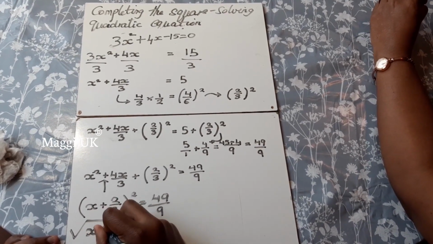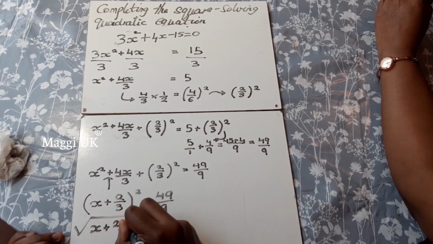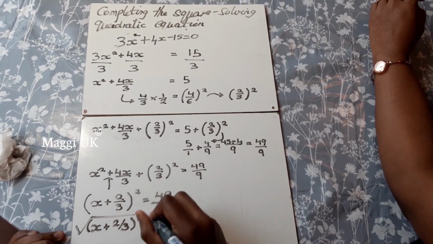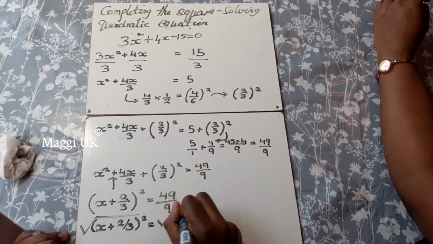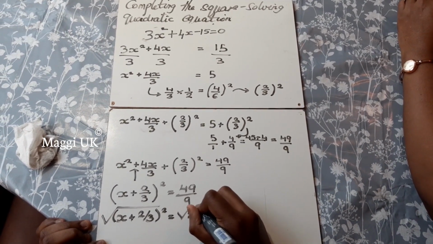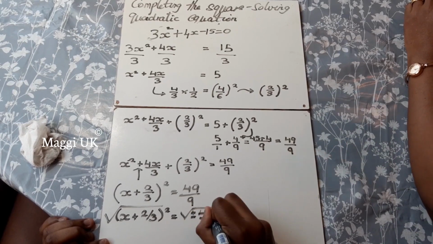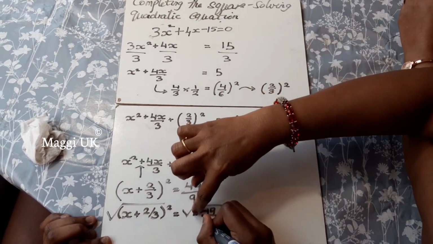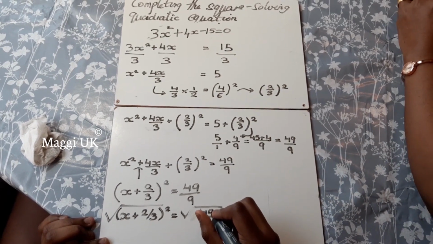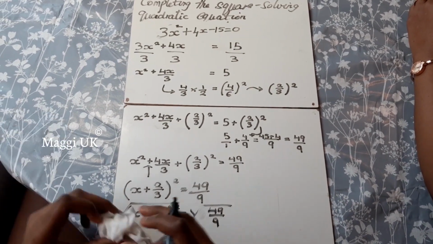So now he's going to do the square root. You can't put the plus or minus here. It should be only outside. The plus or minus should be only outside. That's fine.